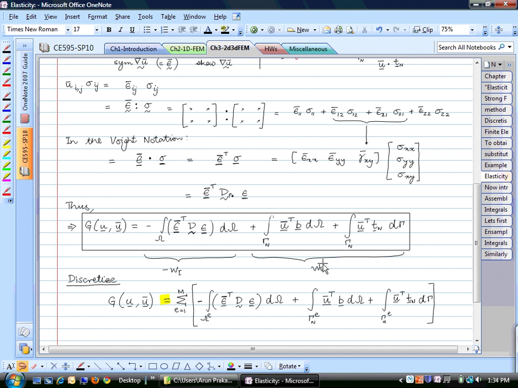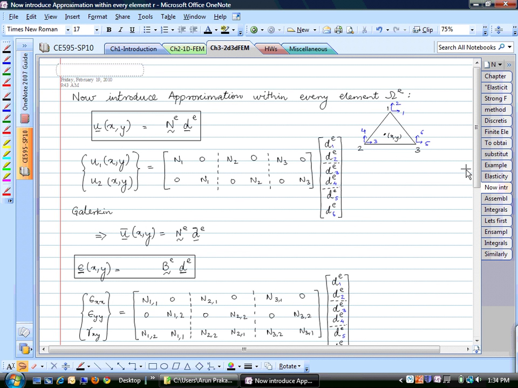All these integrals need to be evaluated over the entire domain. So we discretize our domain into lots of different elements, and then we need to evaluate what all these element stiffness matrices and all these element vectors are going to be. For the particular case of the three-noded triangle, we took a look at all these approximations.